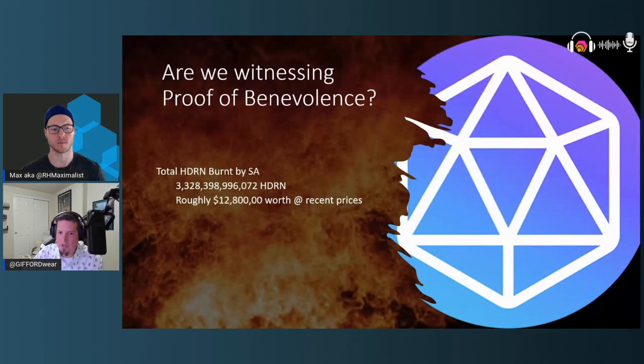So $12.8 million burned out of existence in order to make the Hedron token more scarce. And from what we know today, all of that Hedron burnt by the SA, plus any other Hedron that happened to be burnt before the Icosa launch, is all being used as the bootstrap system to guarantee Icosa stakers yield for the next 360 days.